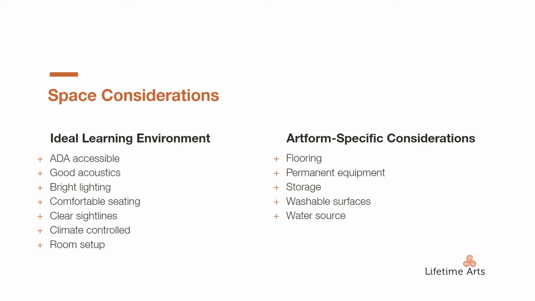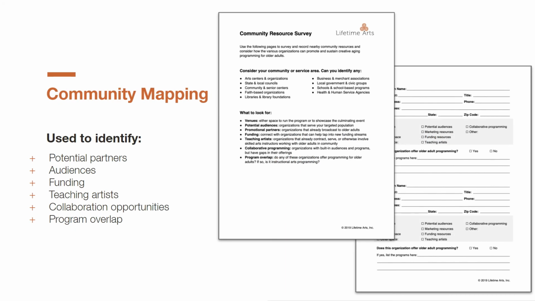Some art forms require more intensive equipment, such as kilns for ceramics or a piano for music. If these items are not easily accessible, avoid choosing those art forms, or know that a partnership with another space may be necessary.